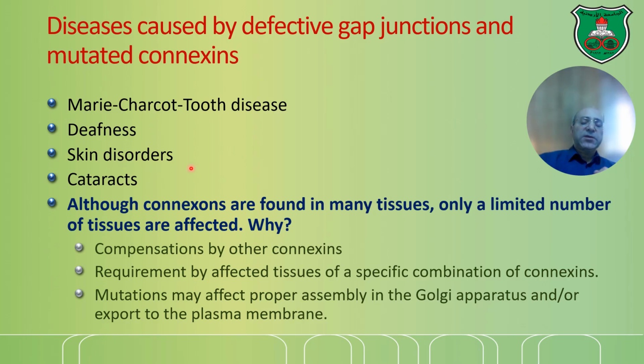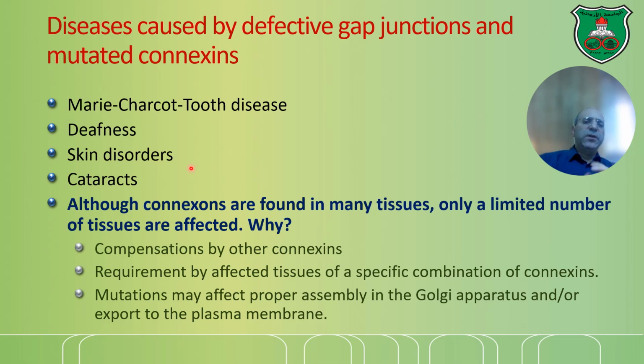And actually, we have cases of hereditary deafness, and it exists in certain villages here in Jordan where you have a relatively abnormally large number of children being deaf. So it is hereditary, and it turns out that they carry mutations in the connexins.